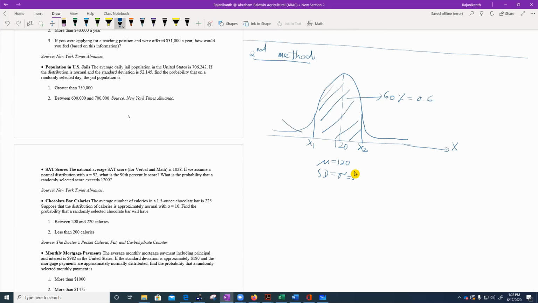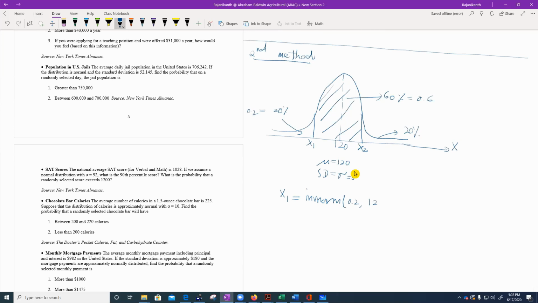Okay, so now my left side area is 20 percent and right side also 20 percent. Remember, if you want to find x1, you need to know the left area to that point, right? So the left area to that point is 20 percent, which is 0.2. Therefore my x1 is nothing but inverse norm of the left side area of x1, which is 0.2, but you need to define mu and sigma for the problem.